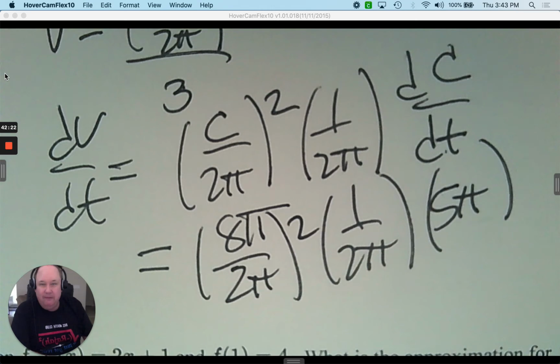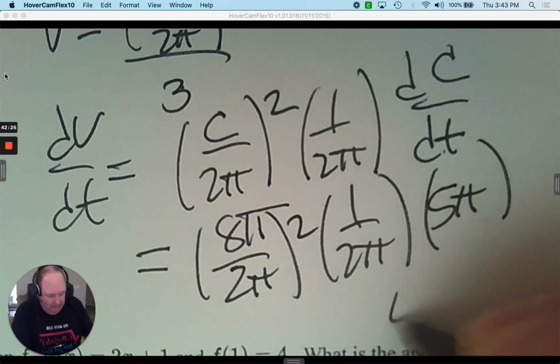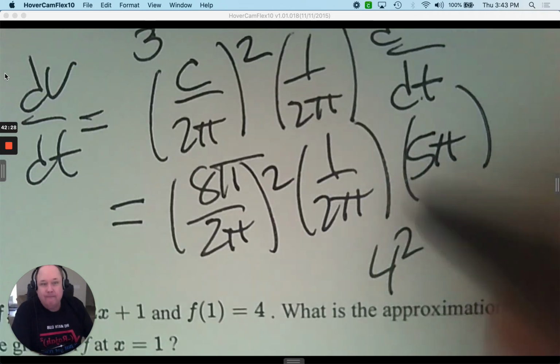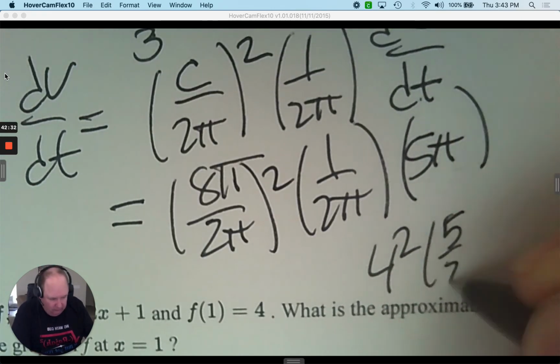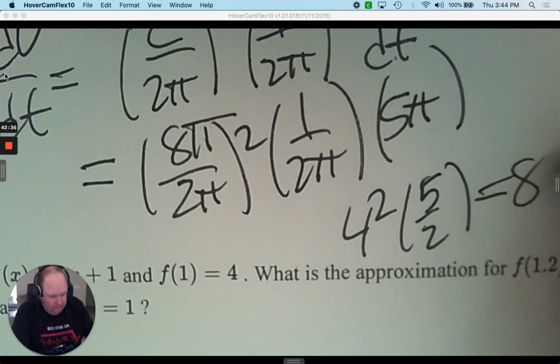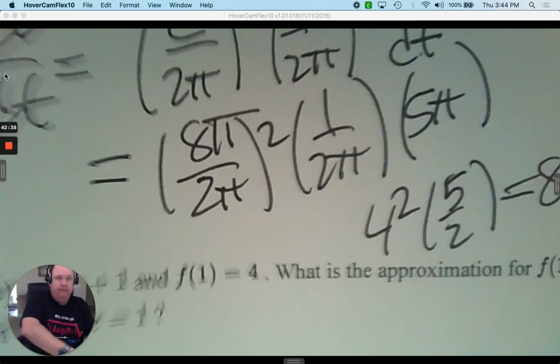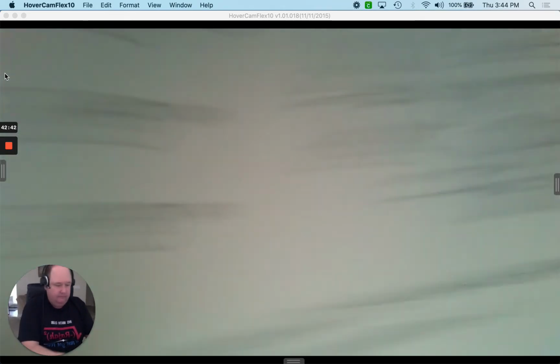And that will give me the answer I'm looking for. So 8 pi divided by 8 pi is 4 squared. 5 pi divided by 2 pi is 5 over 2. So this is 16 divided by 2 times 5. So the answer is 40. And you have it right there.